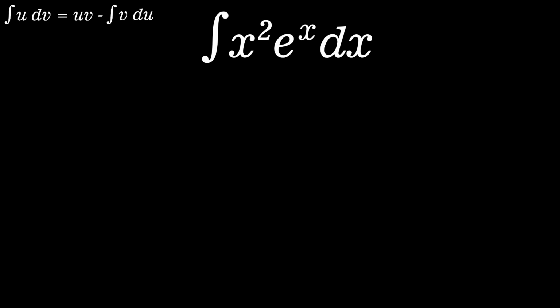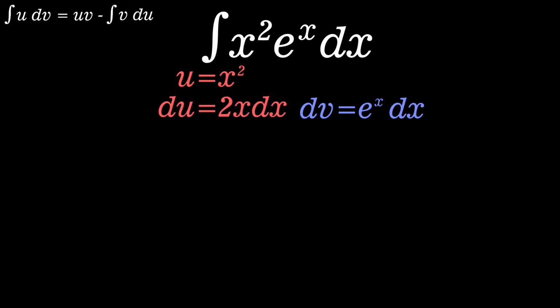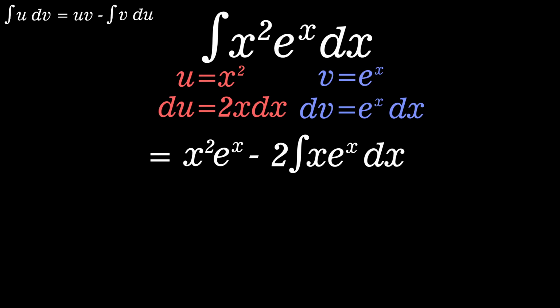Alright, so we can see that e to the x goes down to 0 when differentiated, and e to the x is easily integrable, so we can choose u to be x squared and dv to be e to the x dx. That makes du 2x dx and v e to the x. Multiply u and v together to get x squared e to the x, and subtract that by v du, which is 2 times the antiderivative of x e to the x dx.